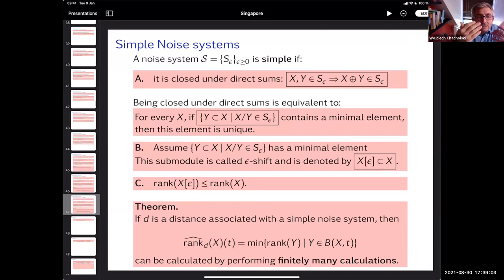So the highest syzygy seems to be an invariant that is somehow more related to the rank from one-parameter persistence, to barcoding for one-parameter persistence. The trouble is that I do not know a noise system or a distance for which I can calculate stabilization of the highest syzygy.